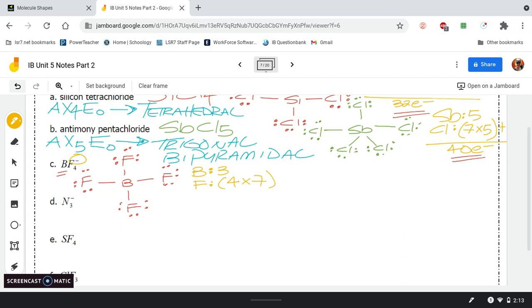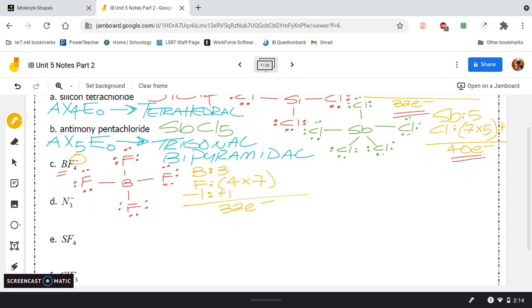You have an extra electron. So because of the minus 1, we get to add 1 extra electron. So 7 times 4 is 28, plus 3 is 31, plus 1 more is 32.